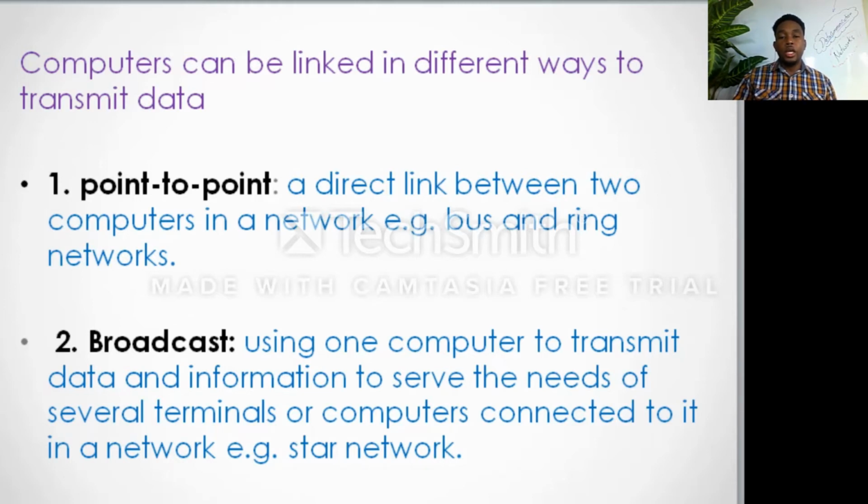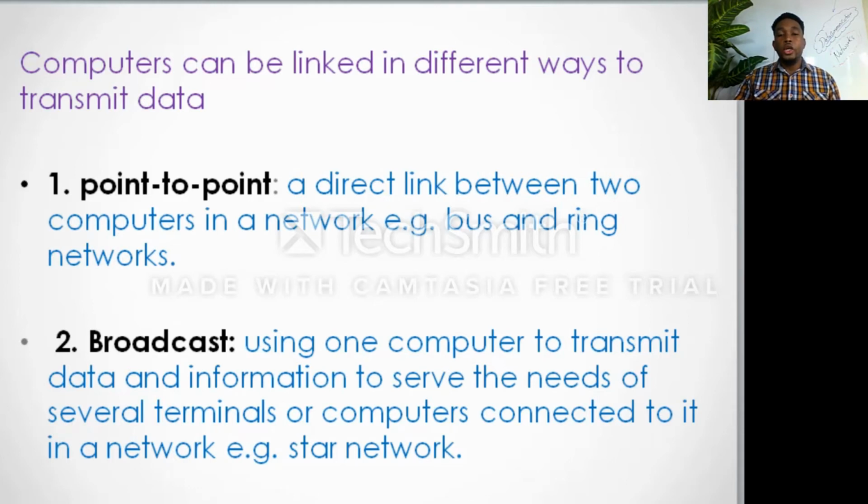We will soon look at those types of topology. It also could be linked through broadcast, using one computer to transmit data and information to serve the needs of several terminals or computers. So we're referring to computers connected to it in a network. Example, a star network.